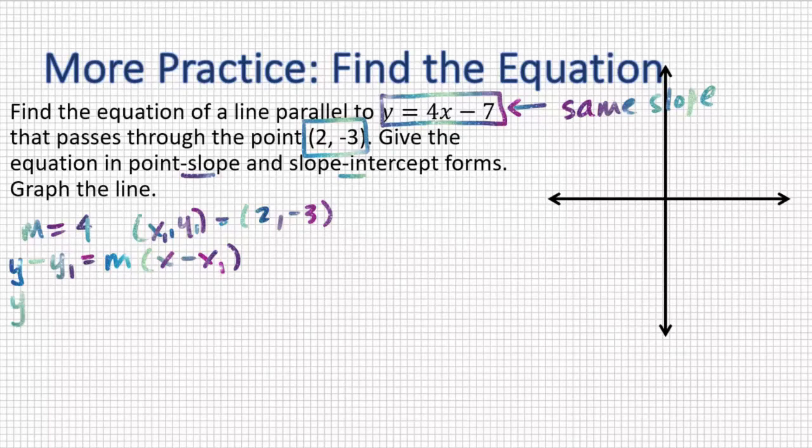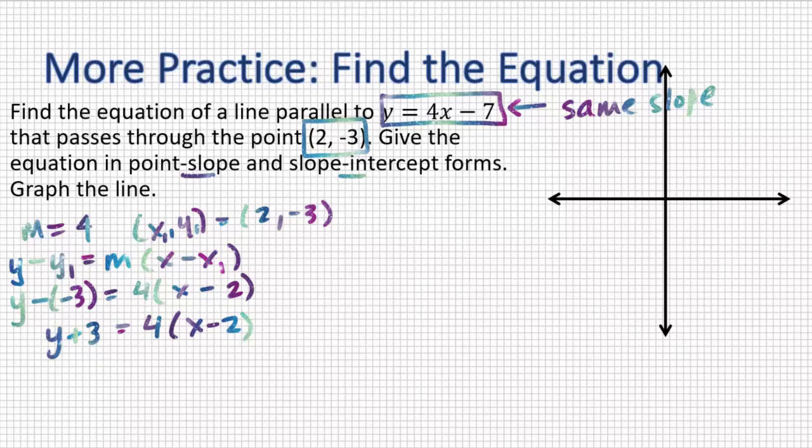So we have y minus y1, so y minus negative 3 is equal to m, 4, and x minus x1, or x minus 2. All we need to do now is tidy this up a little bit. Y minus negative 3 is y plus 3, and we'll just leave this as 4 times x minus 2 on the right-hand side. And that's our final answer for point-slope form.